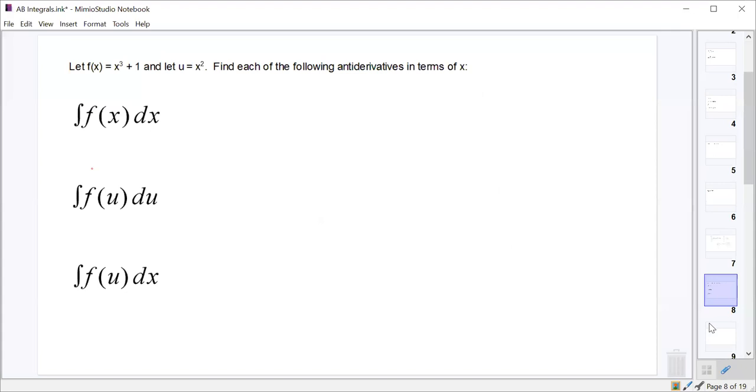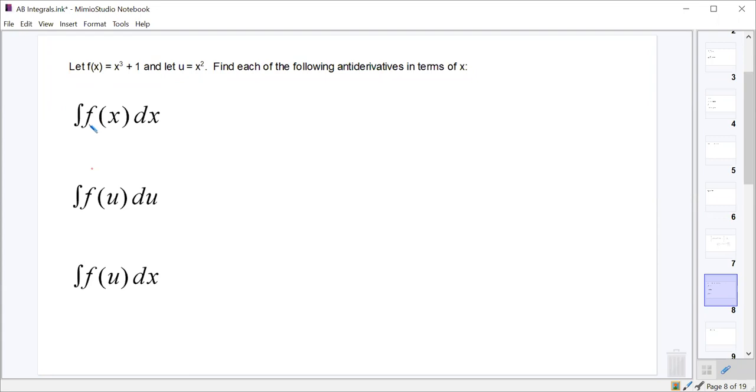So here's what we're going to do. We're going to take a look at two different functions. One that's f of x equals x cubed plus 1, and one where u is equal to x squared. We're going to see if we can find some antiderivatives and put all of our answers in the end in terms of x.